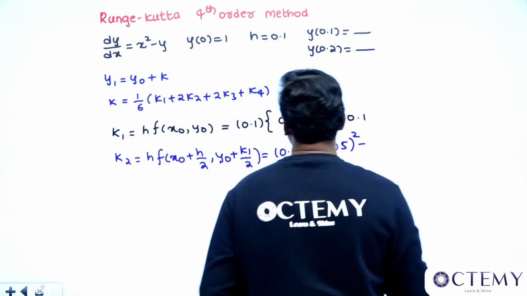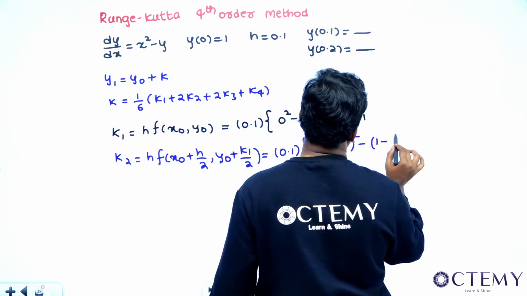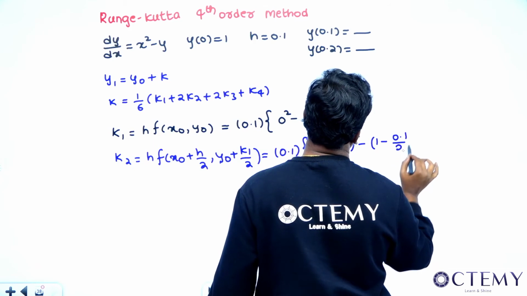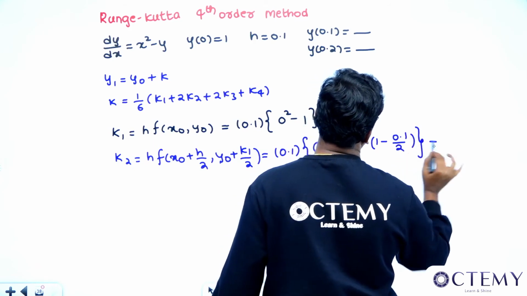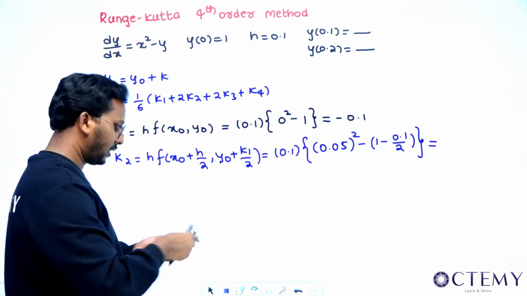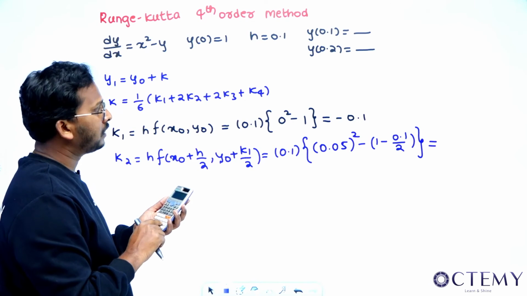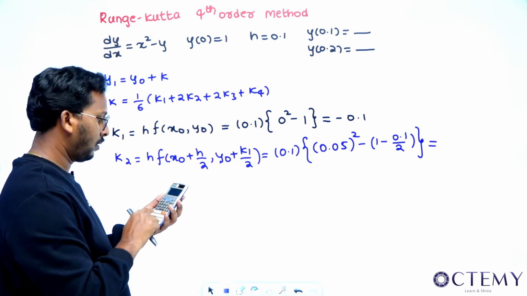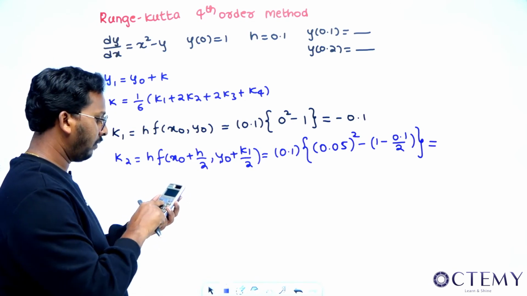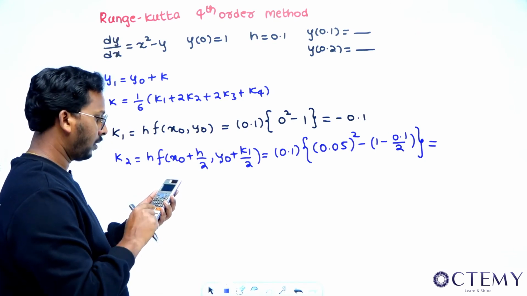So if you calculate this, you're going to get 0.05 square plus 0.1 divided by 2 minus 1 into 0.1.